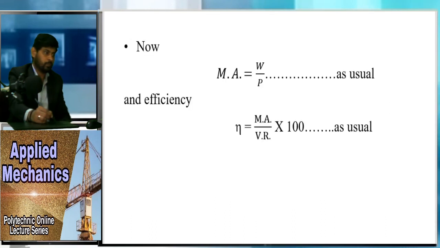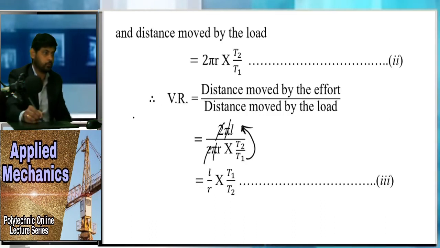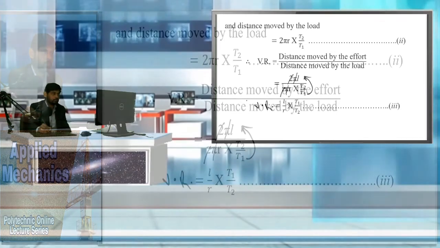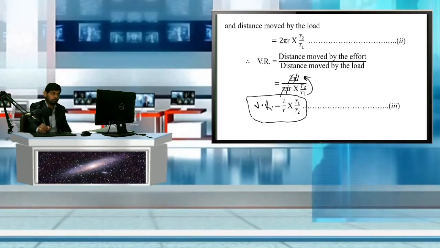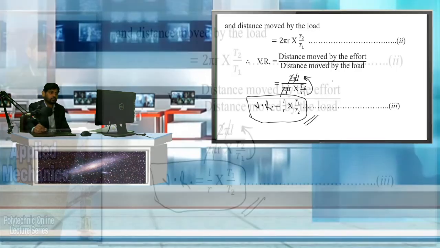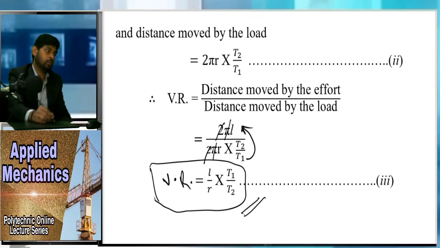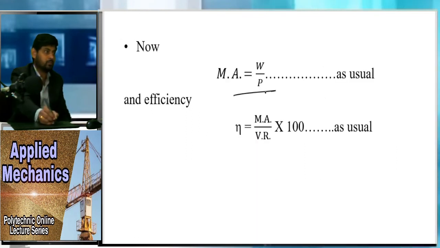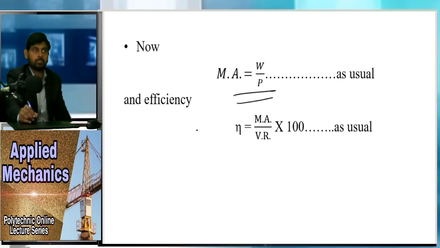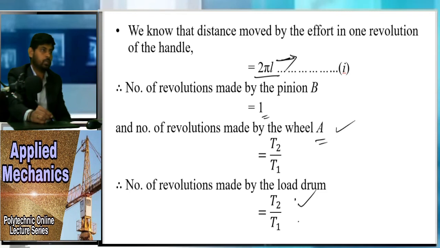Now this is the relation of the velocity ratio for what? For the single winch crab wheel: L by R into T1 by T2. So this is the equation for velocity ratio for the single winch crab wheel. Now as usual, the mechanical advantage is W by P, and the efficiency is mechanical advantage divided by velocity ratio into 100, as we have taken in the previous articles.